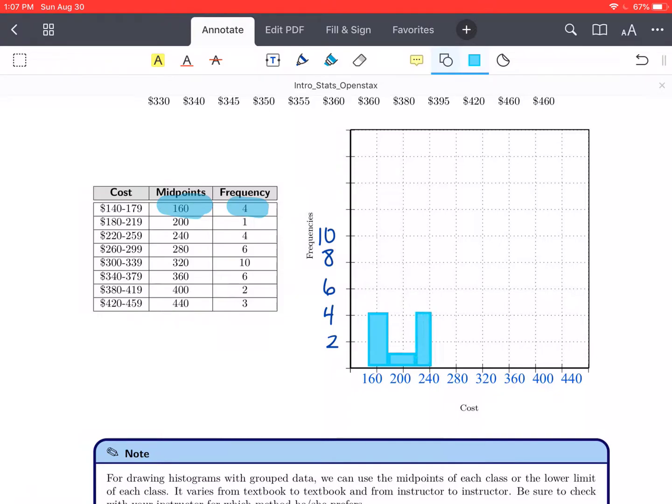So another one that's kind of that same height. Okay, and then 280, we have a height of 6. And theoretically, these are all supposed to be the same width, but a little bit wider.